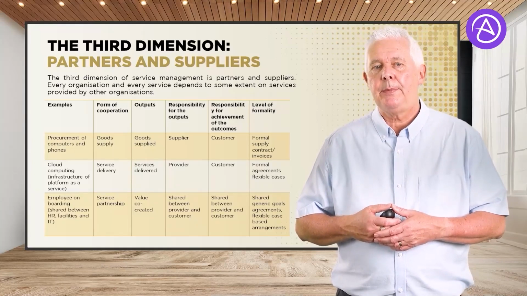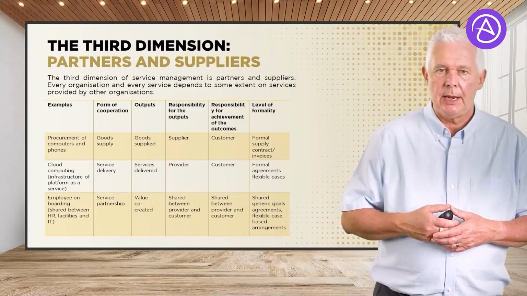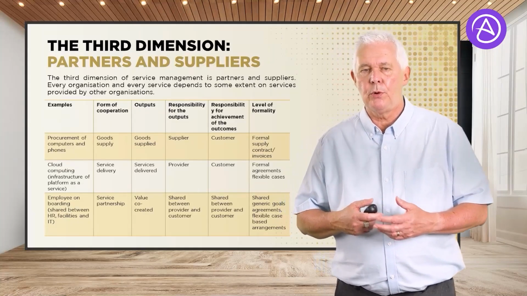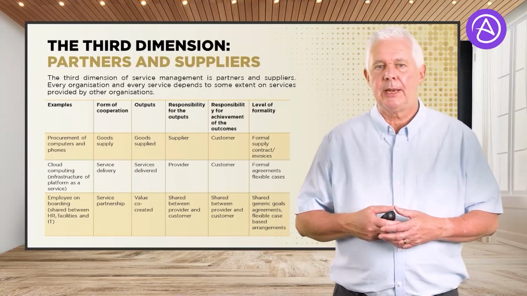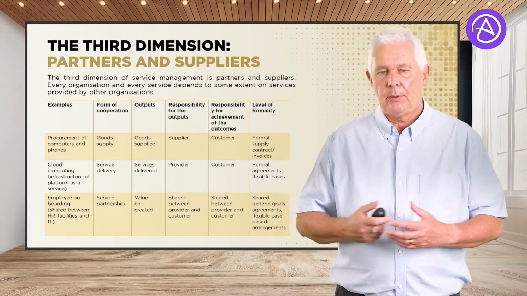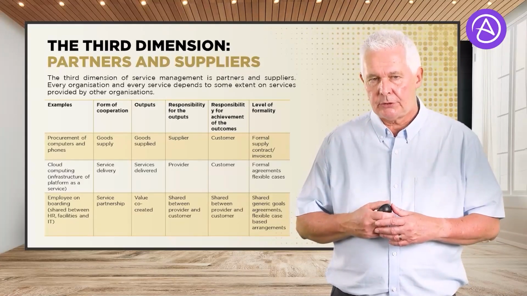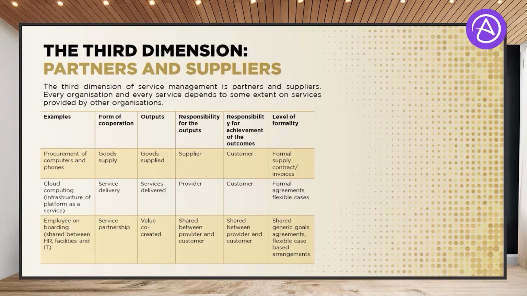And of course, there may be some suppliers with whom we want to go into some form of partnership. This is where we're working together, the concept of maybe a joint venture, where two parties coming together can create something far stronger than if they try to do it in isolation. This is the concept of shared goals, shared risk, shared reward: if we have a good day, you have a good day; if you have a bad day, we have a bad day.